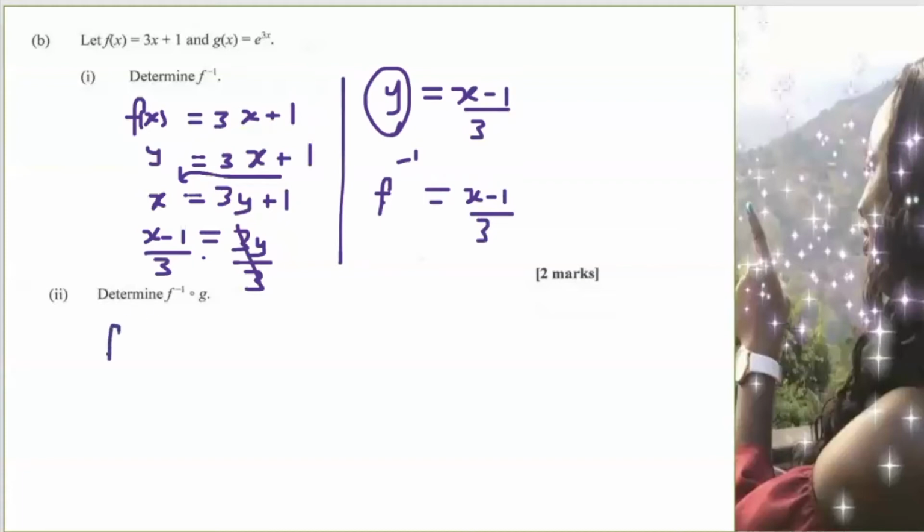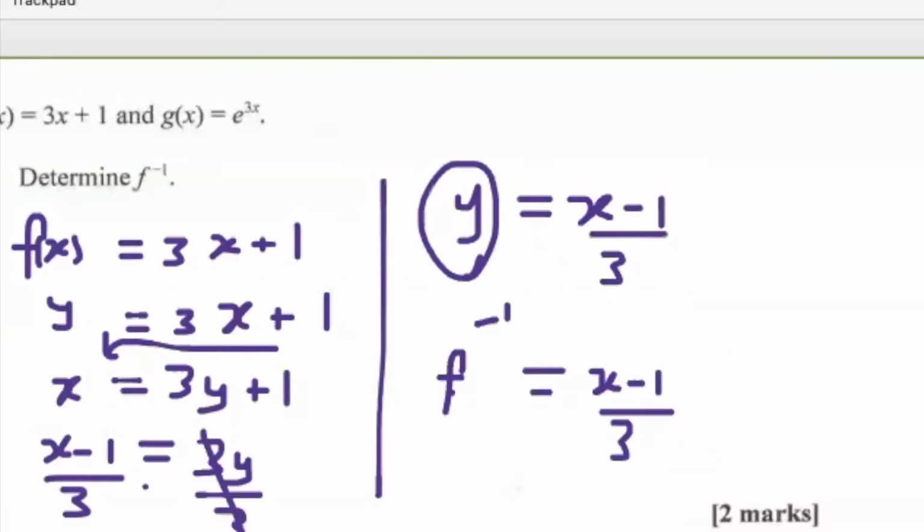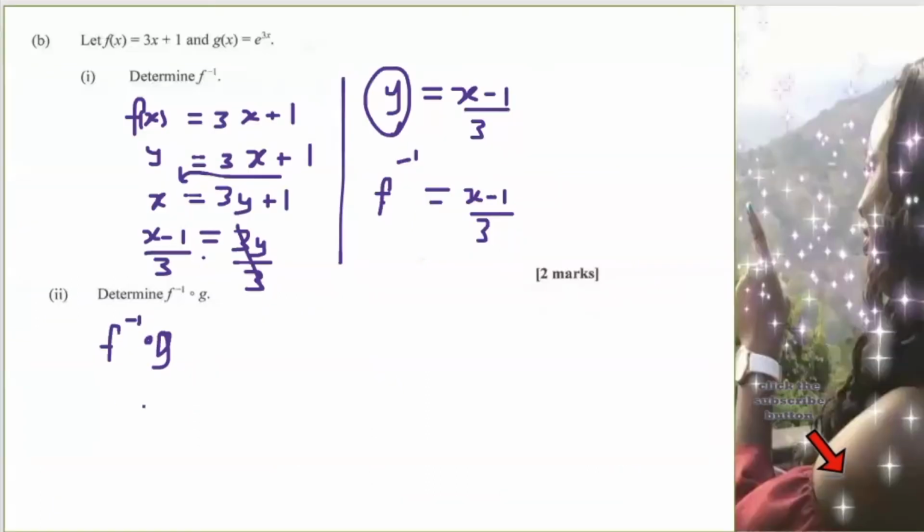Now for this, I am going to do a composite function. We're substituting the function g into the inverse function that I have above. Now g is e to the 3x. So what I will be doing is just replacing the x in the inverse function with e to the 3x.